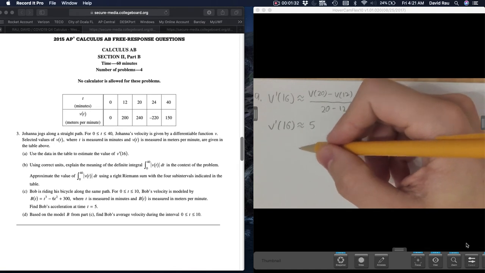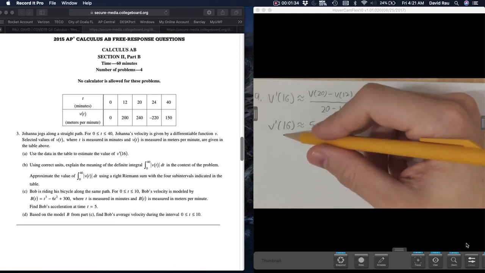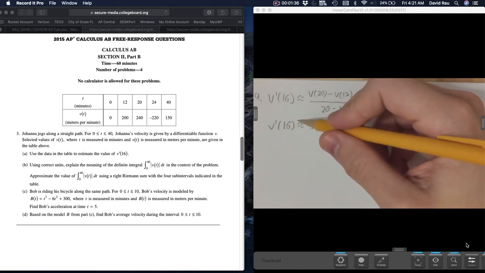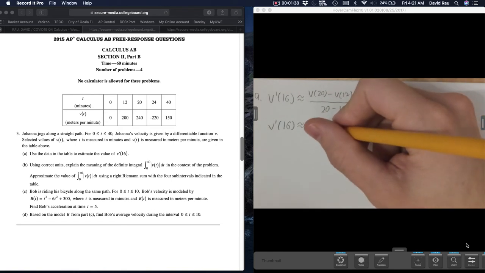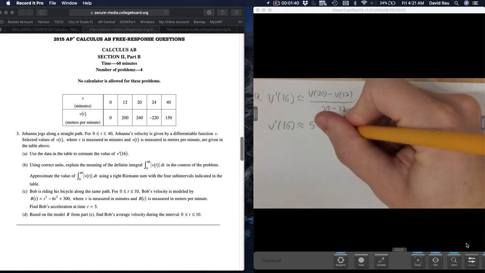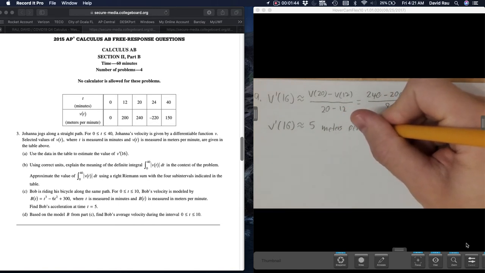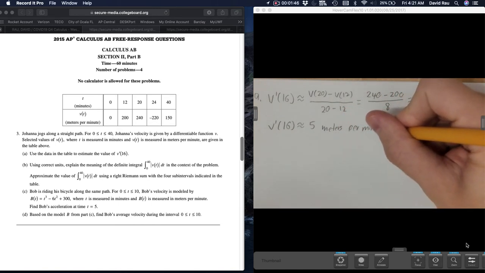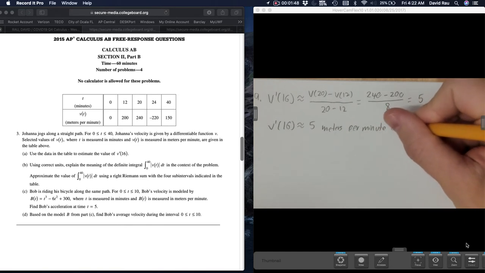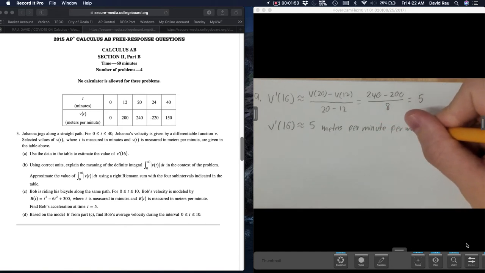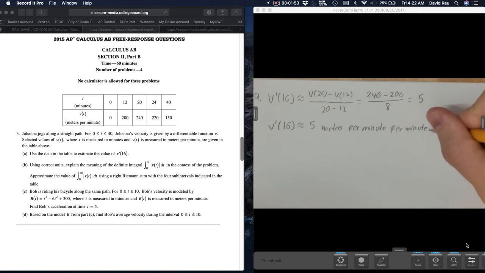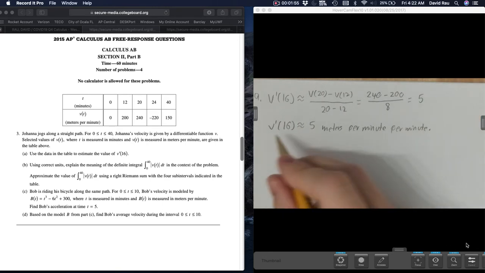If we derive that again, we're really estimating d squared v over dt squared. So this would be 5 meters per minute squared, or you could say per minute is sometimes how you'll see it. In other words, you're estimating d squared v over dt squared.